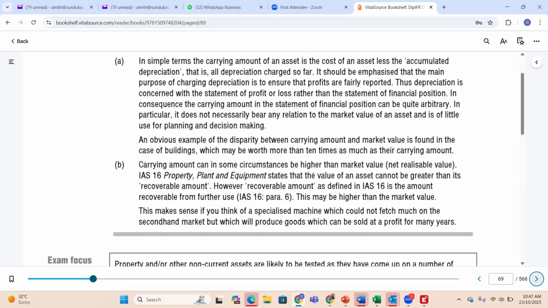So this is subsequent expenditure. Now, subsequent measurement is either at cost or the revaluation model. By cost, it is cost minus accumulated depreciation minus accumulated impairment losses. Revaluation model, it is revalued amount minus subsequent depreciation minus subsequent impairment losses. Now, there are a few more things which you have to take.